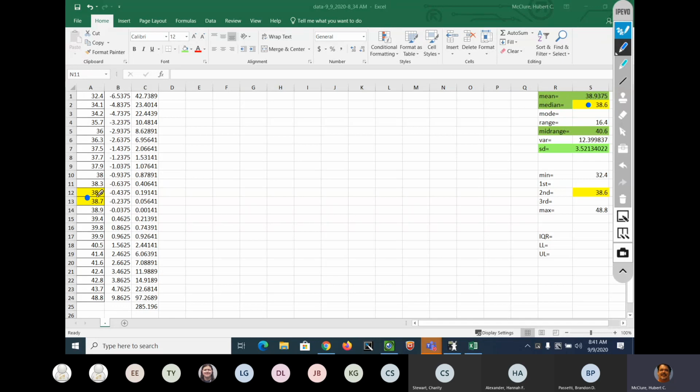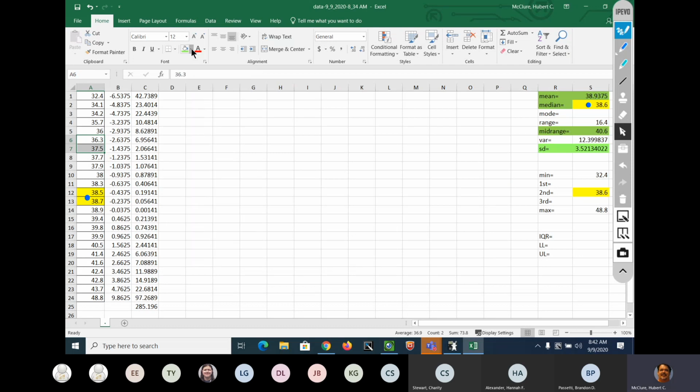All right. And how many numbers are above that blue dot? Well, let's count. 1, 2, 3, 4, 5, 6, 7, 8, 9, 10, 11, 12. 12 is even. So that means we're going to go 5 down. 1, 2, 3, 4, 5. And we're going to take the mean of those two.